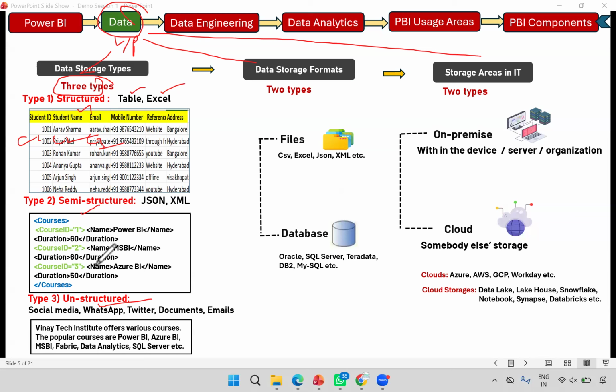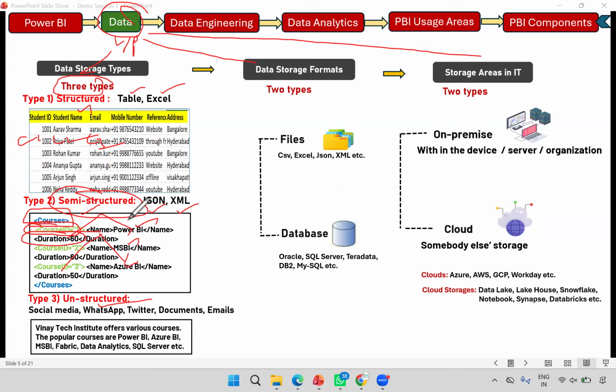And if you look at this data, it has some programming code, or you can say metadata, and this is the data. This kind of structure with metadata and data is semi-structured, not fully structured like this. JSON is one kind of file format it will support. XML is another.